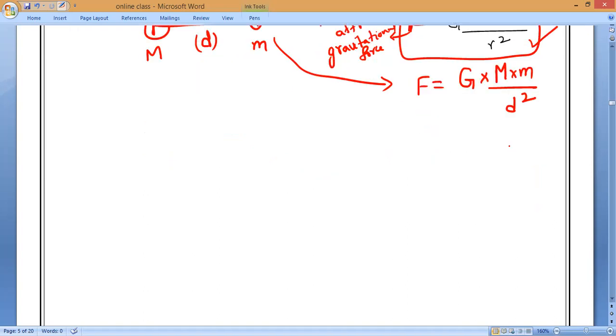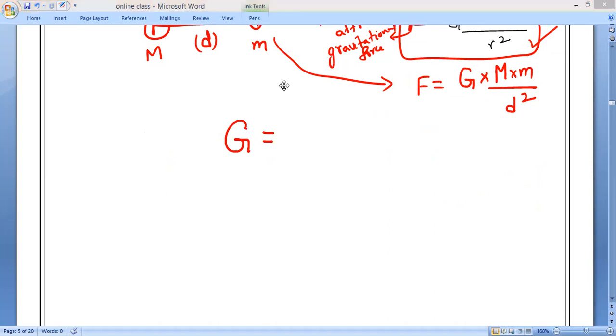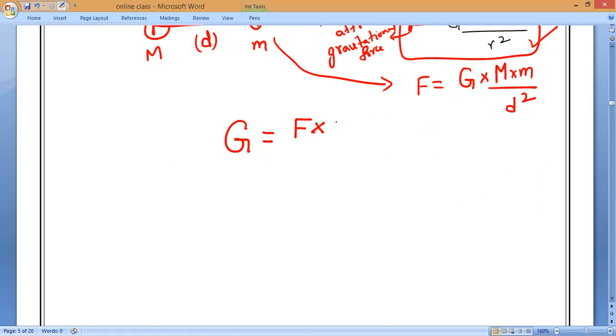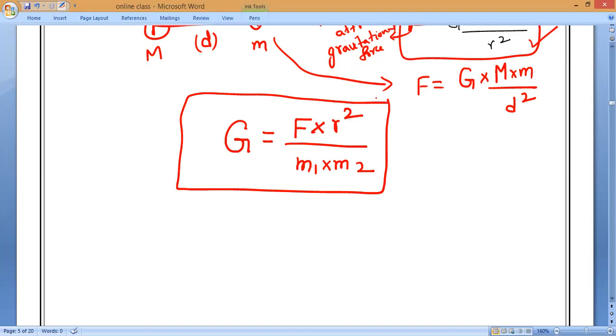Now from this we derive the formula for G. What is the G formula, everybody? G equals force of attraction into square of the distance between them divided by M1 into M2. This is the G formula which we derived.